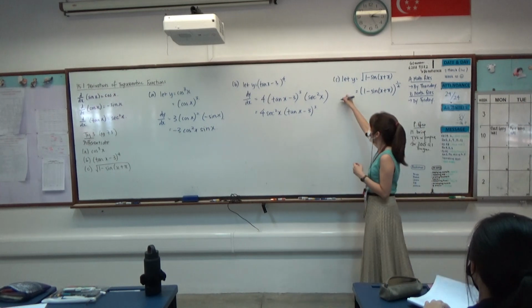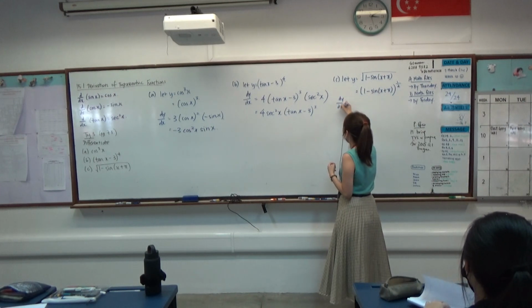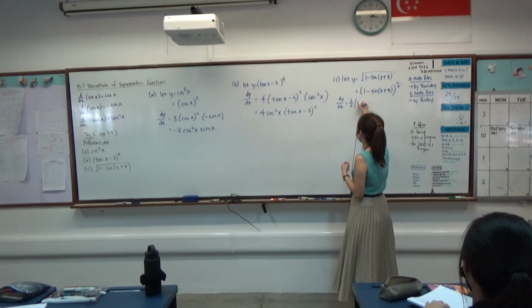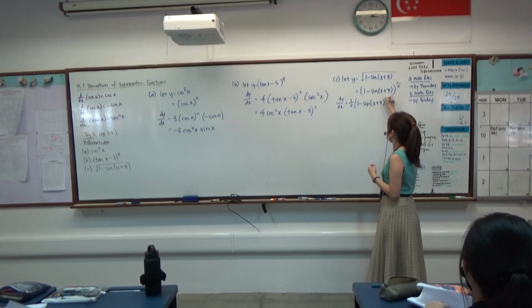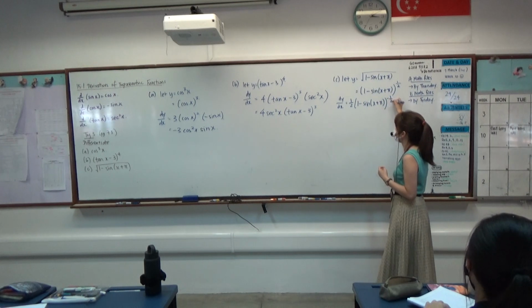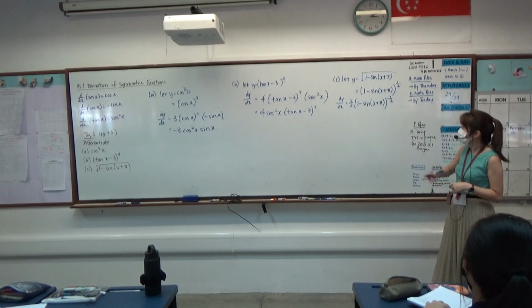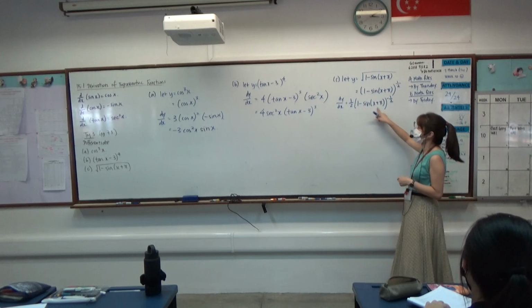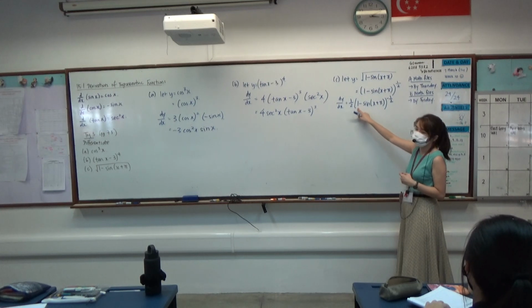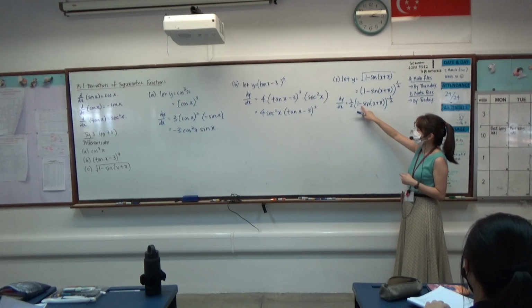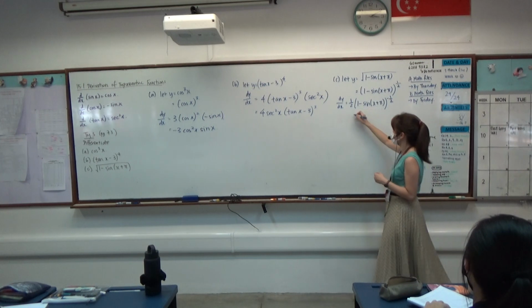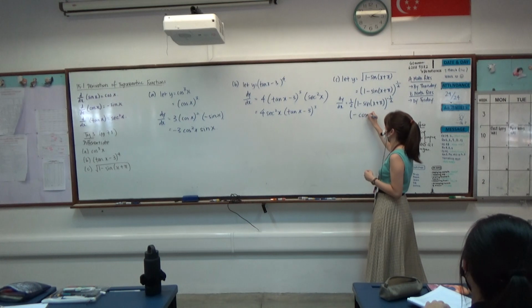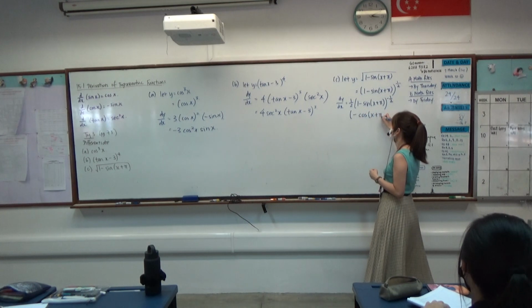So our chain rule will say bring down the power, minus 1. Differentiate the insides of the bracket. So differentiate 1 becomes 0. Then we differentiate negative sine. So sine will become cosine. Therefore, this is negative cosine x plus pi.